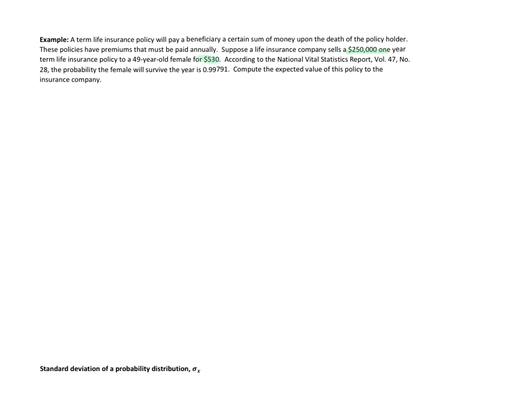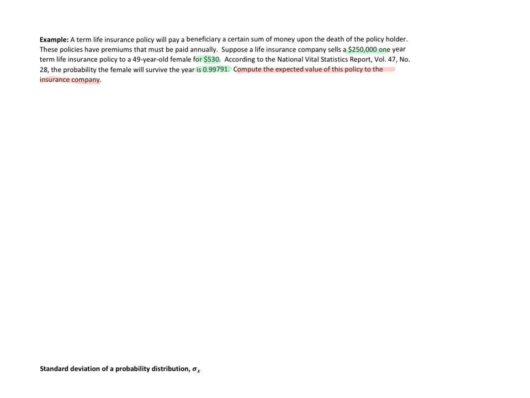I always like to highlight things that I think are going to be important. And then according to this report, the probability the female will survive the year is that, and we're going to compute the expected value of this policy to the insurance company. So how much money the insurance company is going to make.